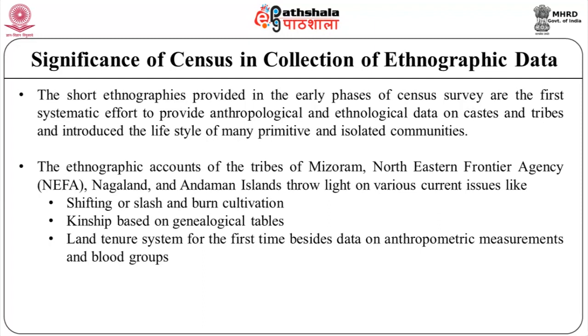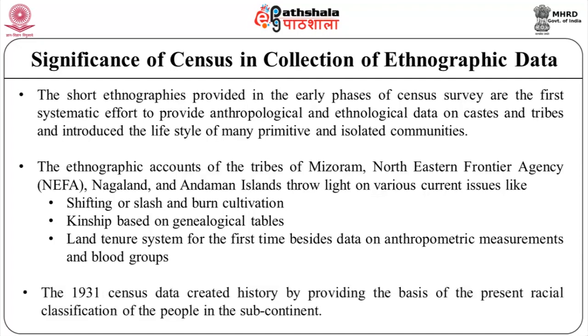The ethnographic accounts of the tribes of Mizoram, Northeastern Frontier Agency, Nagaland, and Andaman Islands throw light on various current issues like shifting or slash and burn cultivation, and kinship based on genealogical tables, land tenure system for the first time, besides data on anthropometric measurements and blood groups.